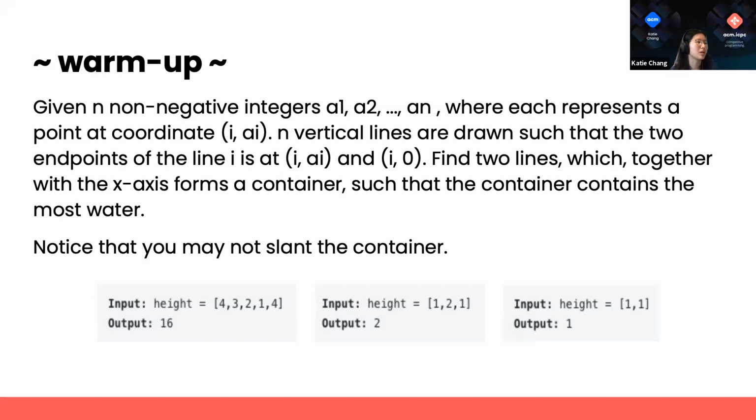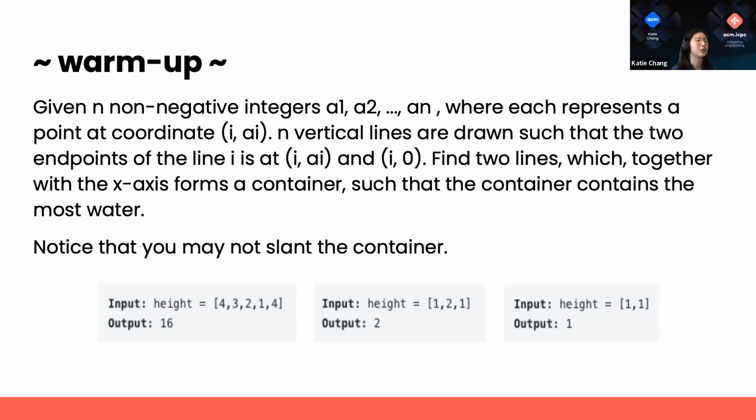So basically, we're given an array of ints as the y coordinates, and the x coordinates are their indices. We have to find the container that can hold the most water, as in the area is the biggest.